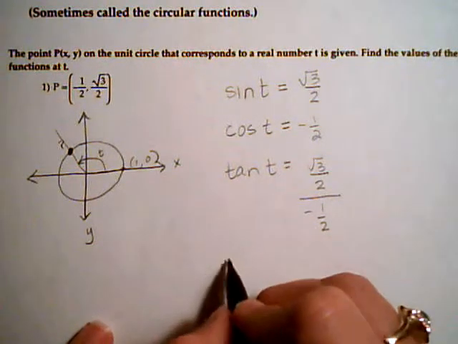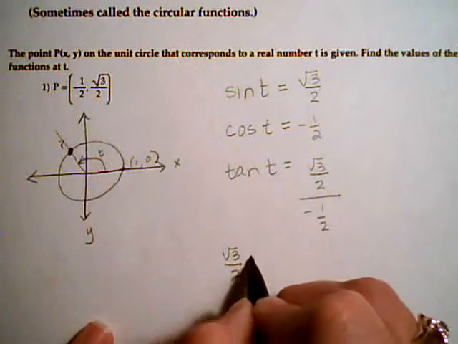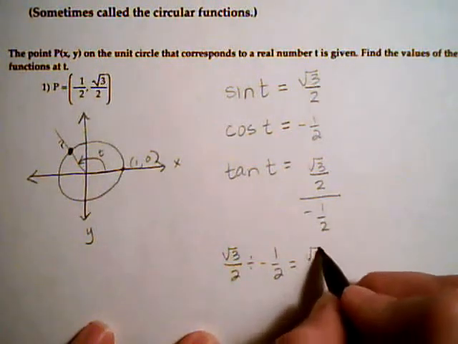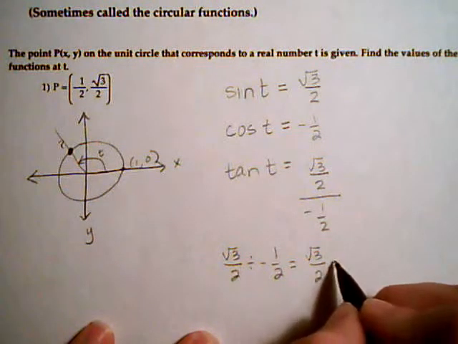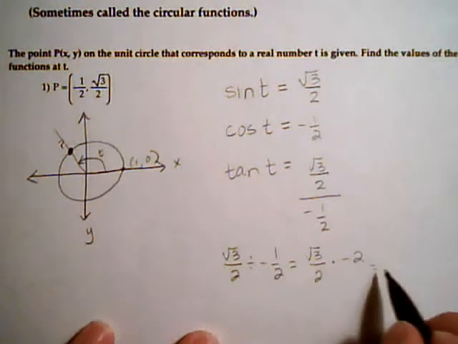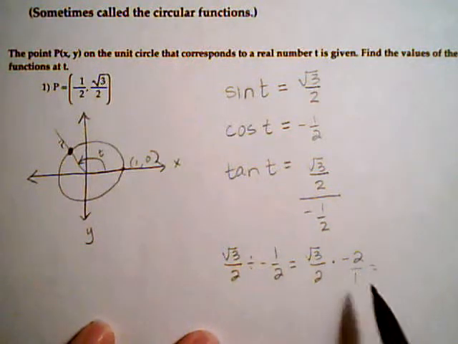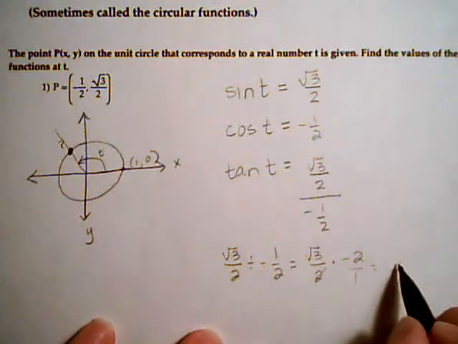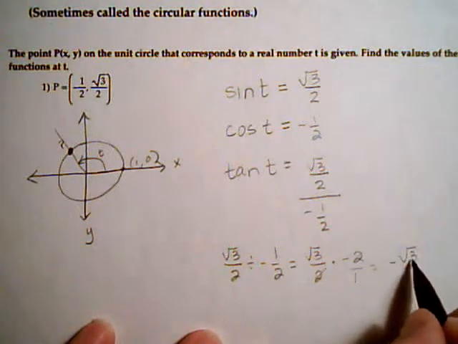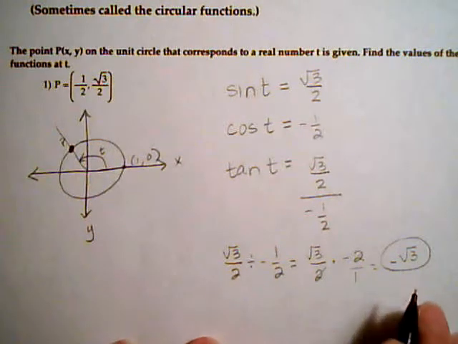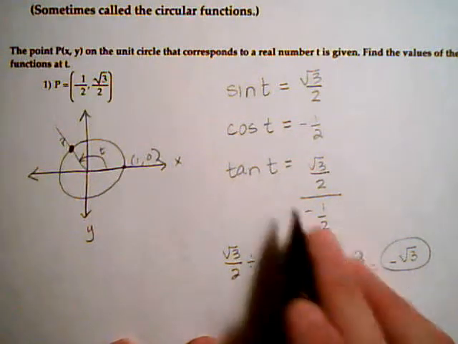If I were taking the square root of 3 over 2 and dividing it by -1/2, that would be the square root of 3 over 2 times the reciprocal, which would be -2, and we could put it over 1. 2's would divide out, so that would equal a negative square root of 3 over 1, or just negative square root of 3. So that would be your value for tangent.